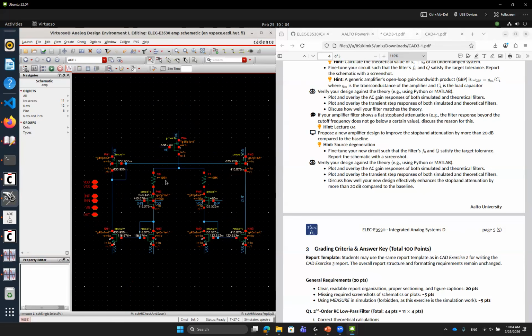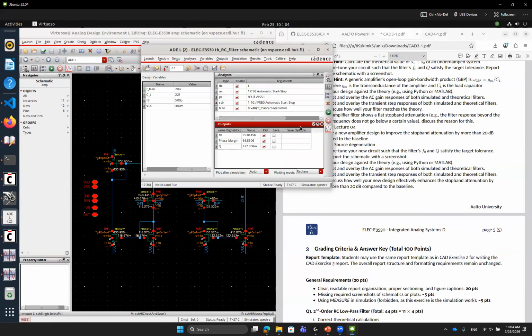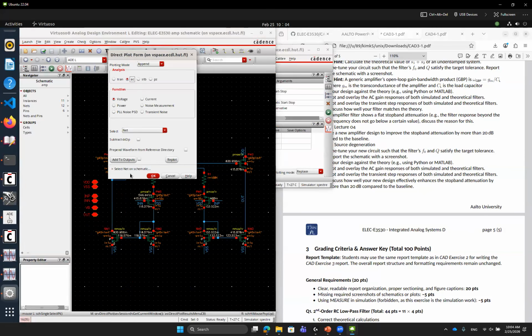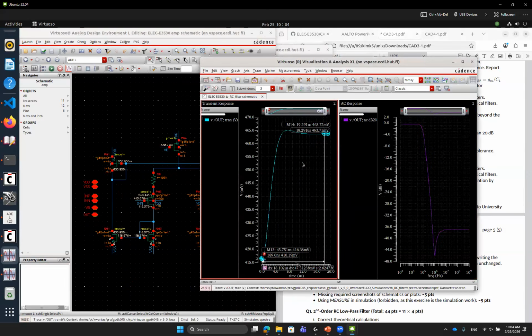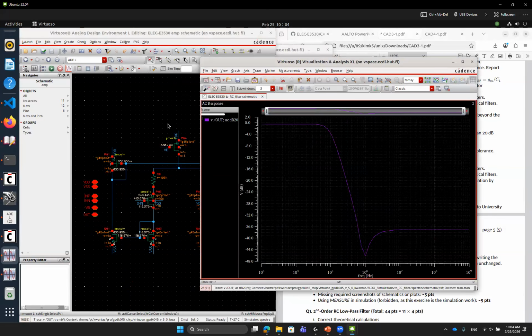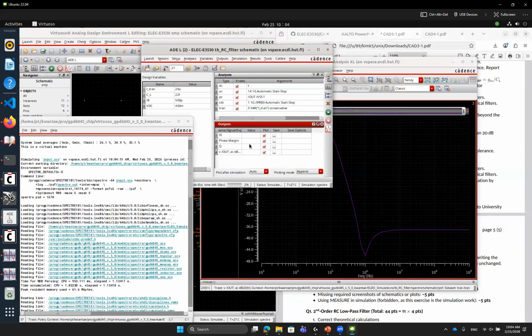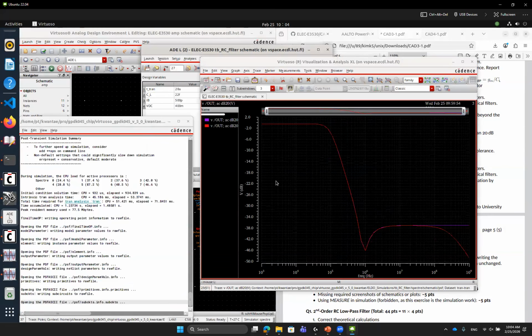So let's add, for example, 100 kilo ohm and AC dB as a reference. This is a previous result, and if I run the AC simulation again, then you can see that something is happening, right?